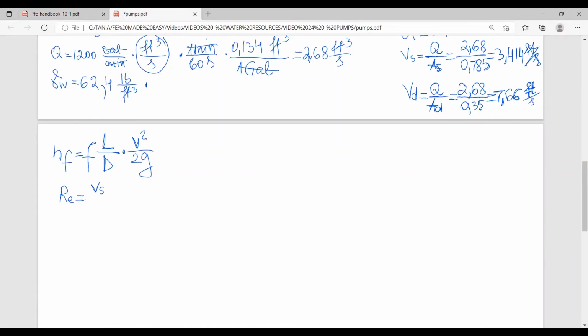We're going to have to calculate the Reynolds number at suction and then the Reynolds number at discharge, so we have two portions.